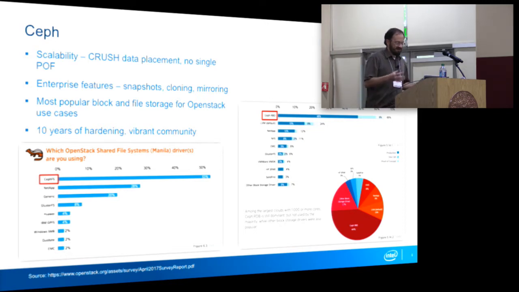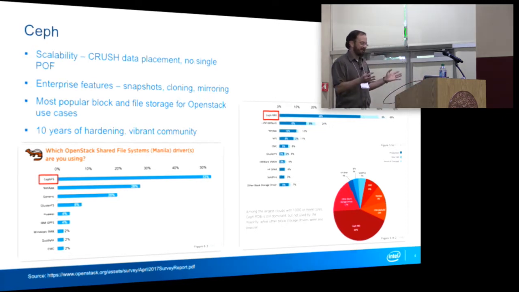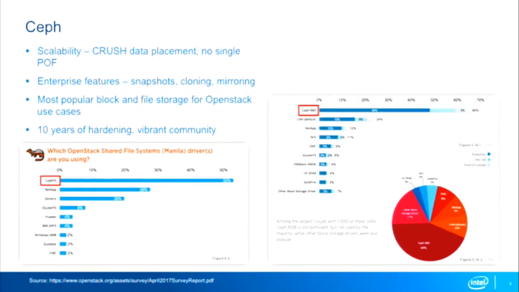Ceph uses the CRUSH map for data placement and, like I said, lots of other enterprise features. And that's why it's the top storage for people using OpenStack. There's a poll of people using OpenStack, and most are using Ceph. It's the most popular.